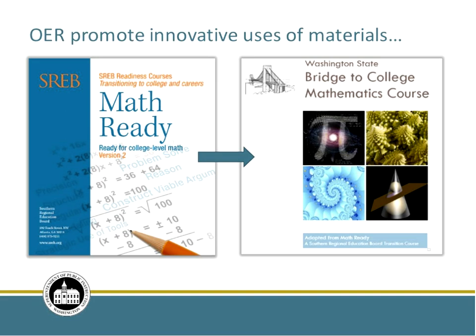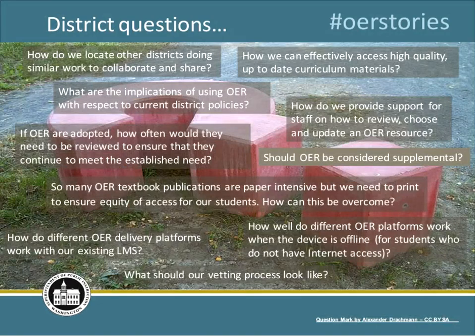So fast forward to last year when Washington passed legislation directing OSPI to work with higher ed to create bridge to college courses for math and ELA that really had similar goals. Since the Math Ready curriculum was openly licensed, we were able to use that as a very solid base and adapt it to the specific needs of our stakeholders, saving a tremendous amount of time and effort.